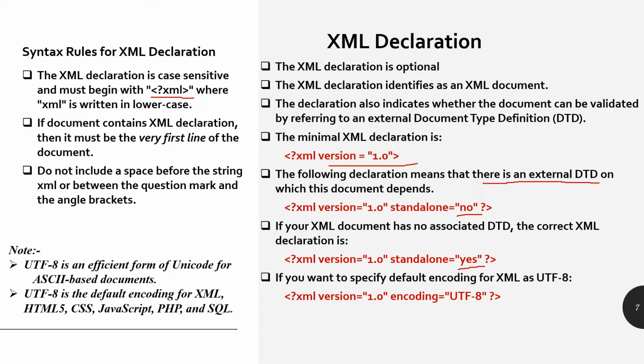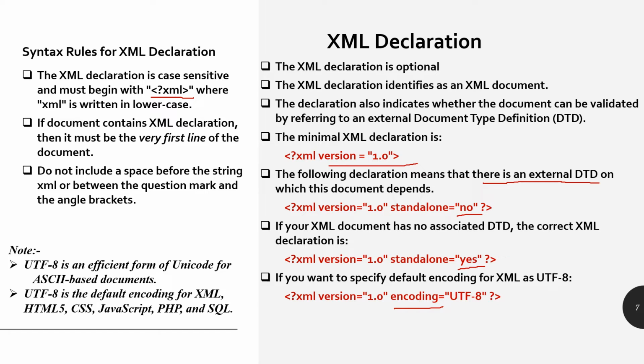Another is the version and the standalone parameter. Then another thing is encoding. You need to specify what type of encoding you are using.